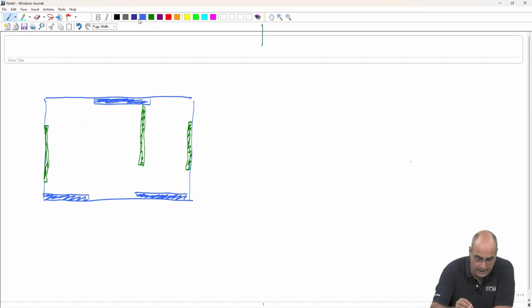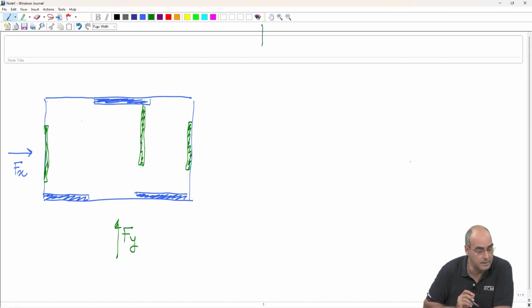So you can have either a force Fx or a force Fy here. And we call this element, well, this element is 1 in the direction x, so it's x1.